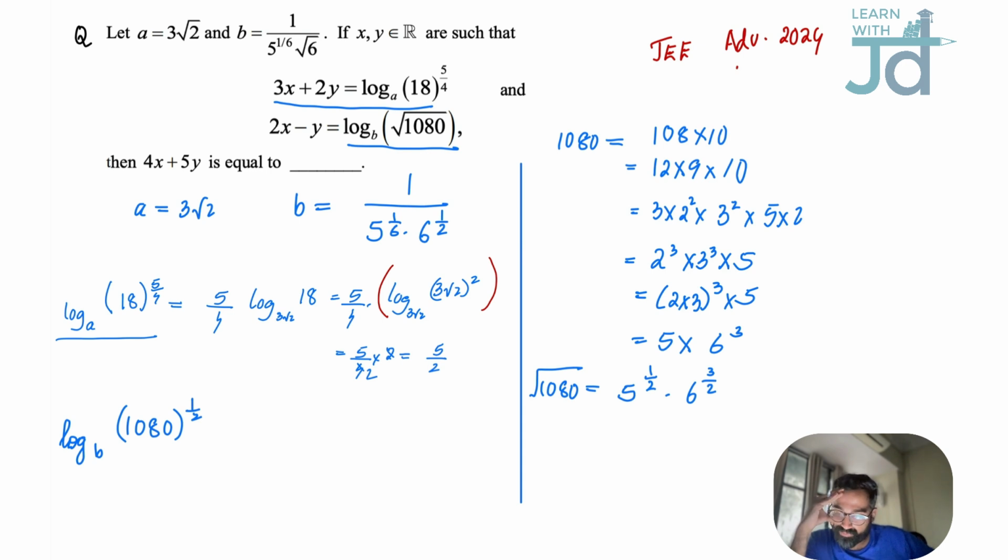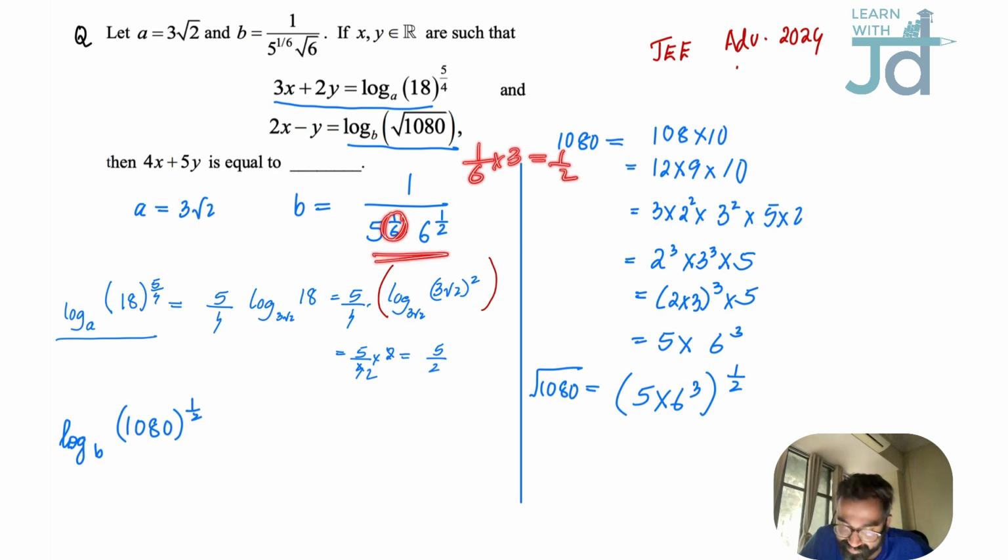Somehow you will have to get a relation between these. So it's basically 5 into 6 cube raised to 1 by 2. And if you observe, 1 by 6 into 3 is giving you 1 by 2. See, the power here is 1 and this is triple. So like that, 1 by 6 into 3 is giving you 1 by 2. Basically it is coming in this format only. So we are right somewhere.